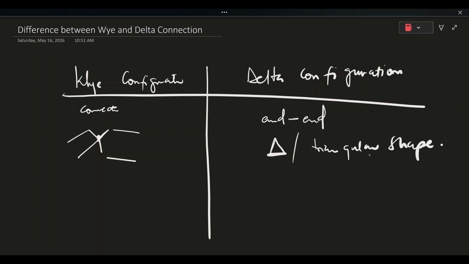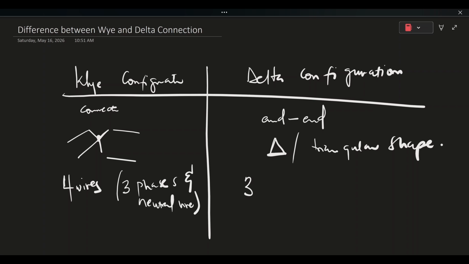So now, in terms of the number of wires, the Y configuration has 4 wires in total. That is the three phase wires and the neutral wire. Whilst the delta configuration has three phase wires only. So three individual phase wires only.